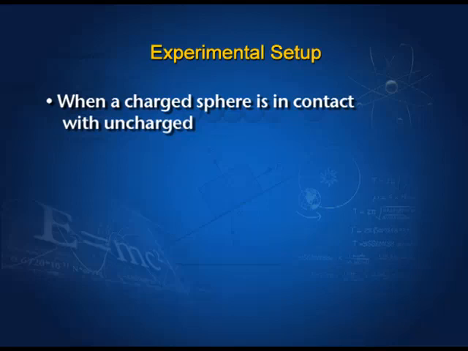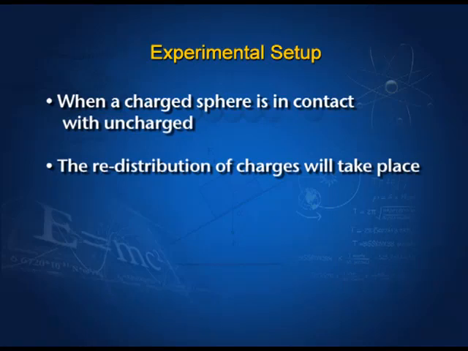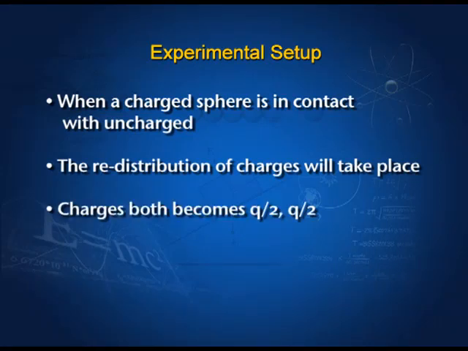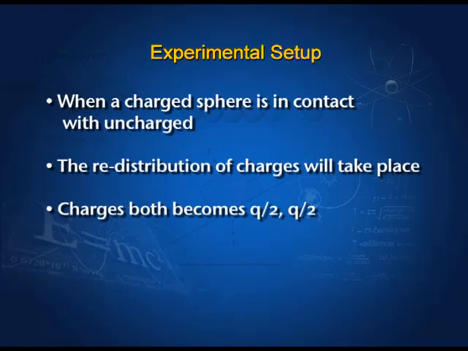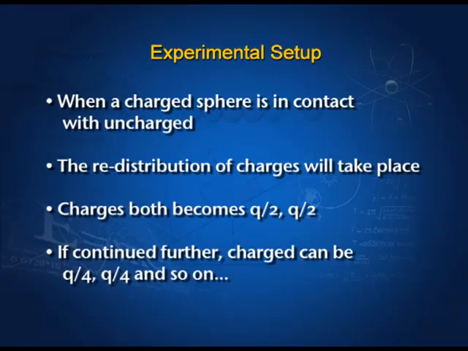If they come in contact with any other metal sphere or metal body, redistribution of charges will take place, and that's why Q becomes Q by 2 and Q by 2. If you go on further, you can even achieve a situation where the charge is Q by 4, Q by 4, and so on.